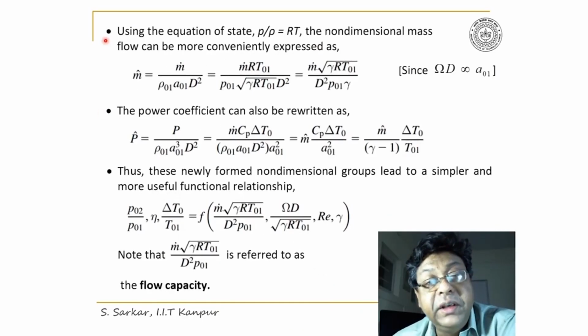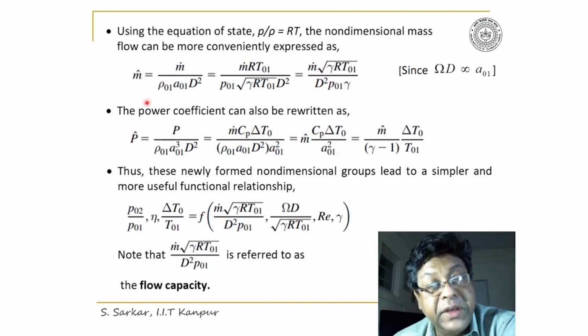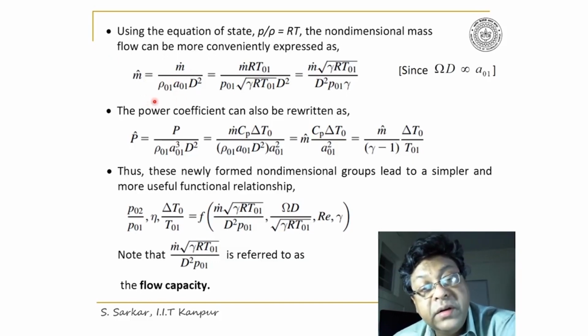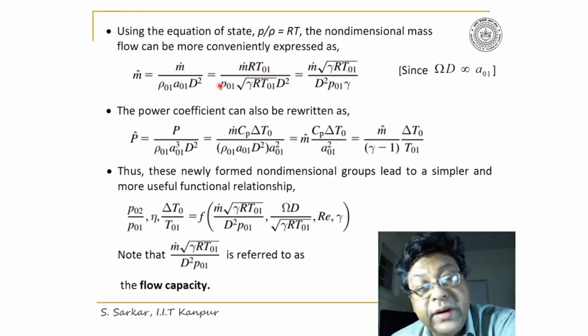Now using the equation of state P by rho is equal to RT, the non-dimensional mass flow can be expressed as m tilde is equal to m dot divided by rho 01 A01 into d square. Now let's put the value of A01 and rho 01, then it will be m dot R into T01 divided by P01 root over gamma R T01 into d square.